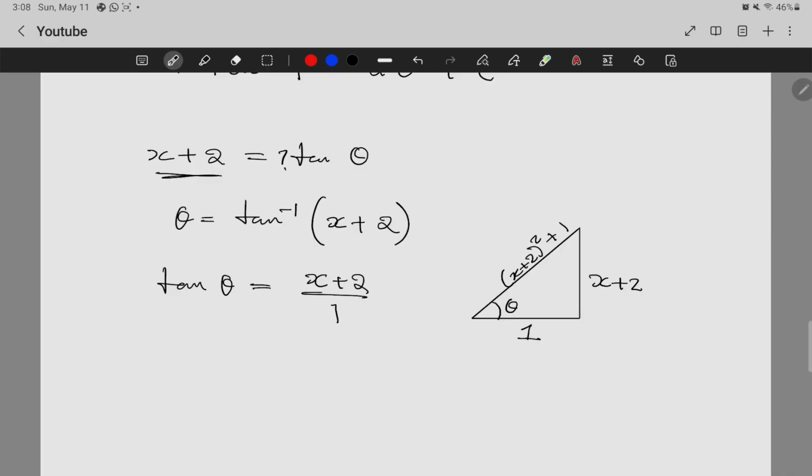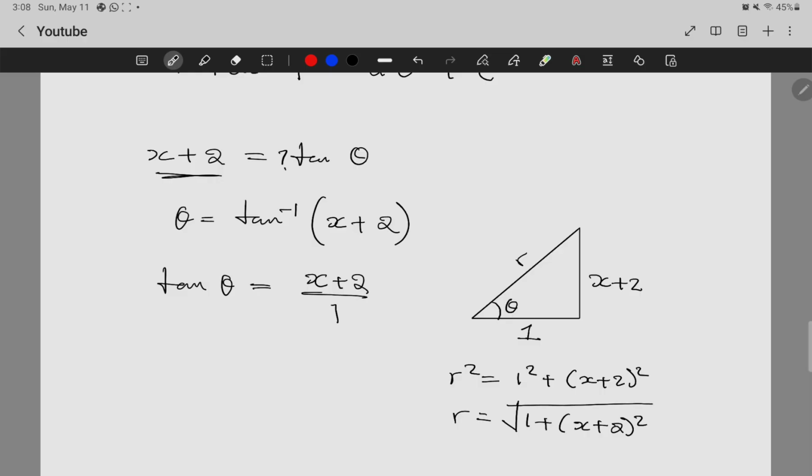And then, of course, this has to be square rooted. So in case maybe I present it a little bit differently, if the hypotenuse is taken as r, we know to say r squared will be equals to 1 squared plus x plus 2 squared, meaning that r will be root of 1 plus x plus 2 squared. So this becomes our hypotenuse.